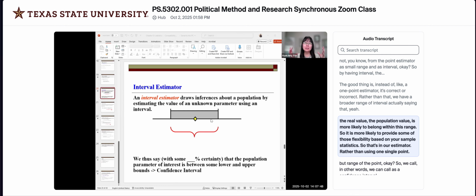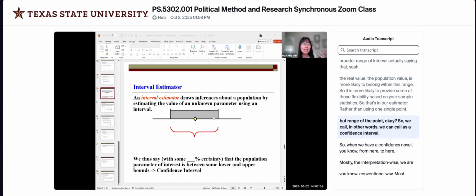So it provides some flexibility based on your sample statistics. That's an interval estimator, rather than using one single point, we use a range of points. In other words, we call it a confidence interval.